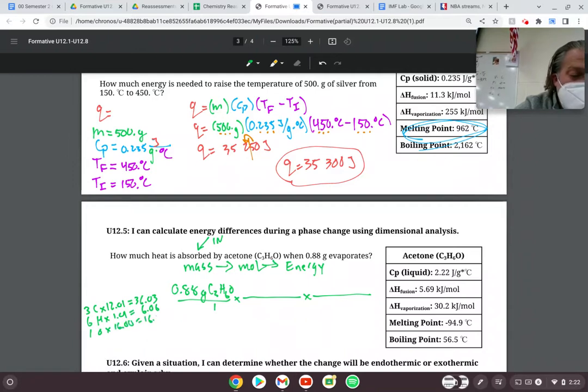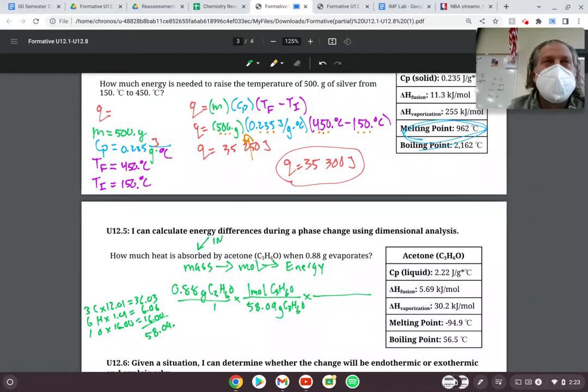I add that up, and I believe that's 58.09. So that's going to go on the bottom, my 58.09 grams of C3H6O, and 1 mole of C3H6O will go on top.